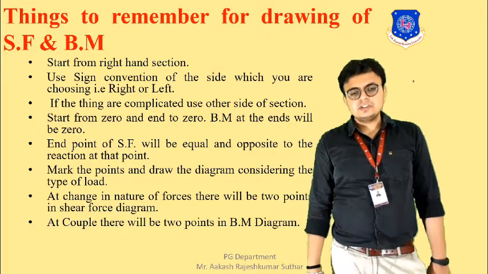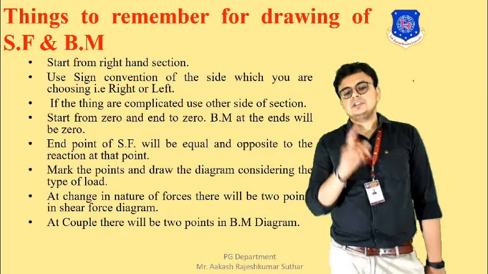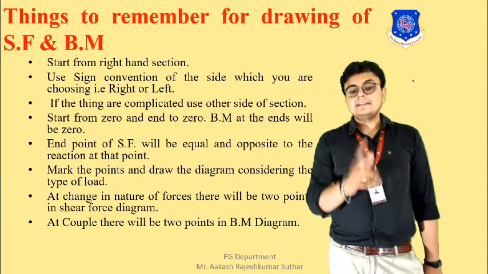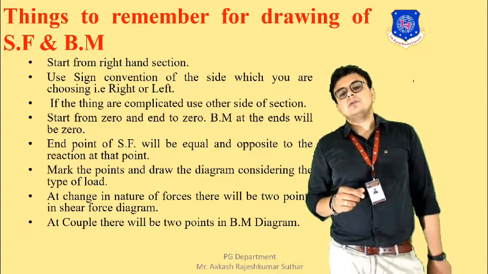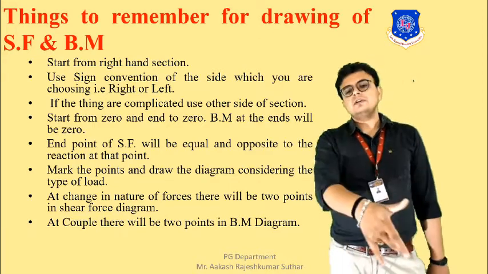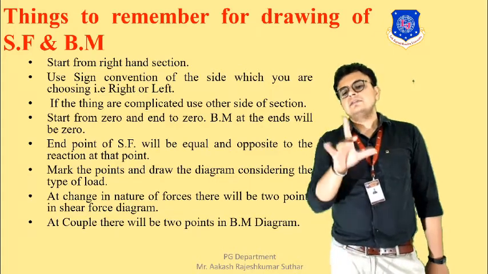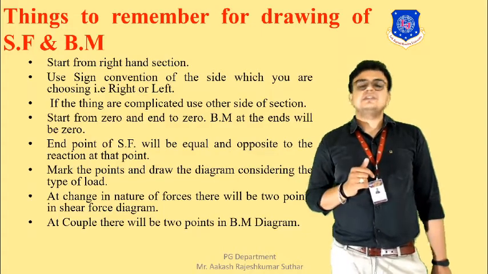At a change in the nature of the force, there will be 2 points in the shear. At couples, there will be 2 points in the bending moment. So both in shear force and bending moment, there will be 2 points at the change of characteristics.